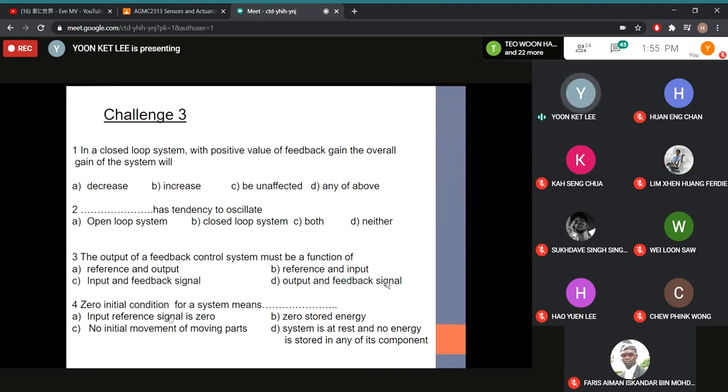Okay, sorry, let me rearrange my words first. If my setting value is 10 revolutions per minute, and I measure 9, the gain is positive, so I need to increase. When I increase, there will be a tendency that I overshoot 10. Maybe the measured value will be 10.5.